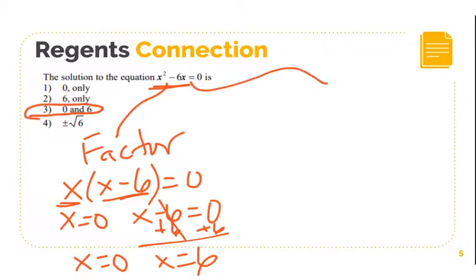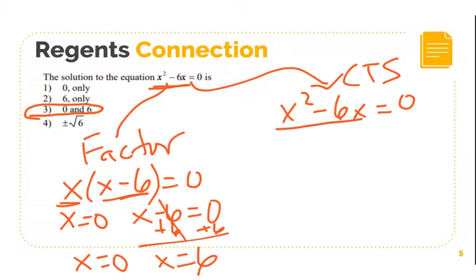You can also do it through complete the square. And you could say x squared minus 6x equals 0. Great, I already have the x squared and the 6x, the x term, on the same side. So I don't have to divide the a value because it's already that invisible 1. I just need to add something to it to make it a perfect square.